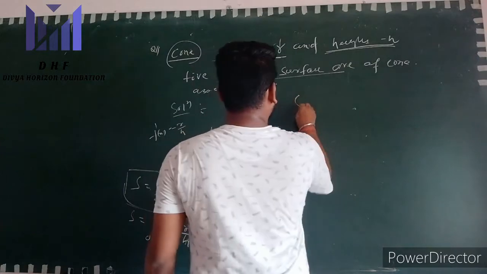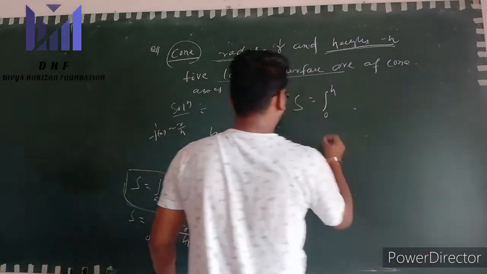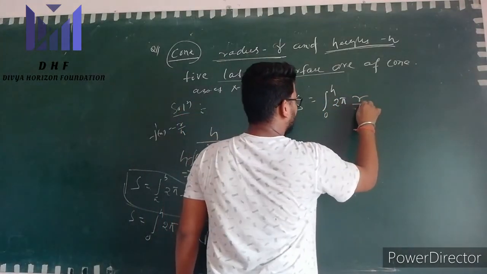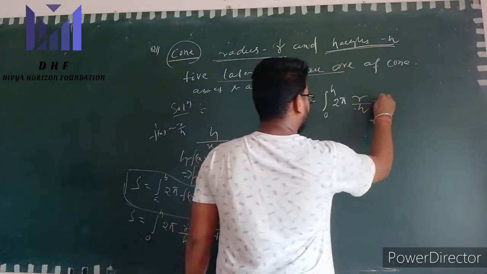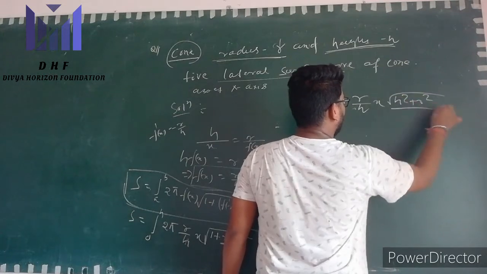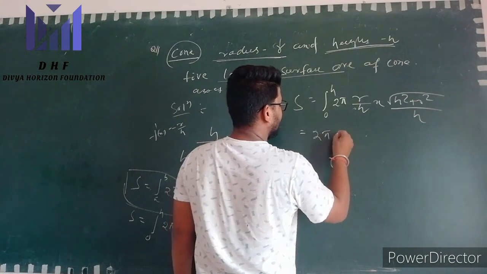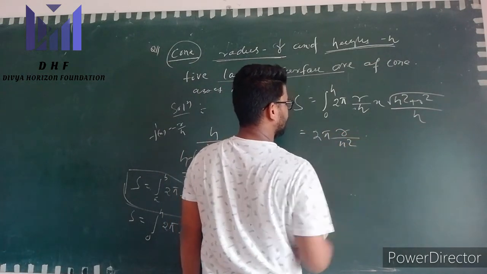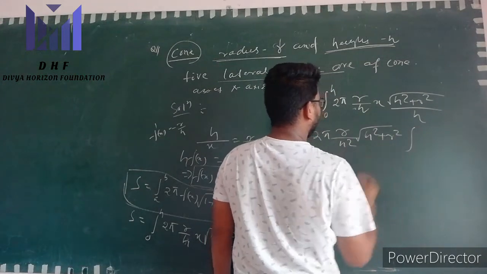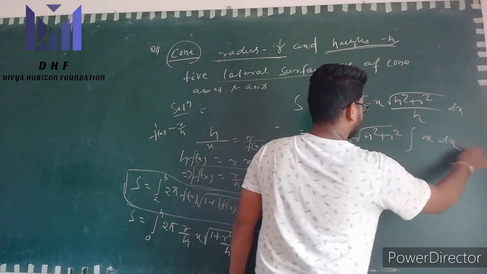Now S is equal to integration 0 to h of 2 pi r upon h x, times root of h square plus r square upon h, which means 2 pi r upon h square, root of h square plus r square, integration of x dx.